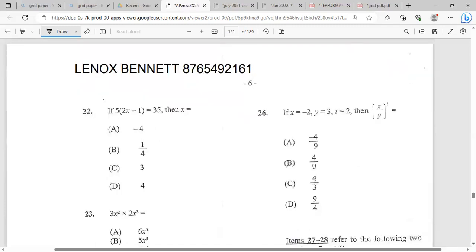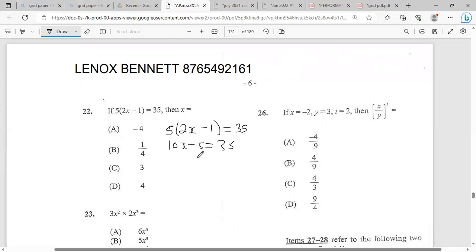Number 22, if 5 bracket 2x minus 1 is equal to 35, what is the value of x? Guys, I'm just trying to show all the working. All right, I know people are swot, but still want to do the work. You never know if they might change it up. So learn the principles. 5 2s are 10. 5 times 1, negative 5, equals 35.